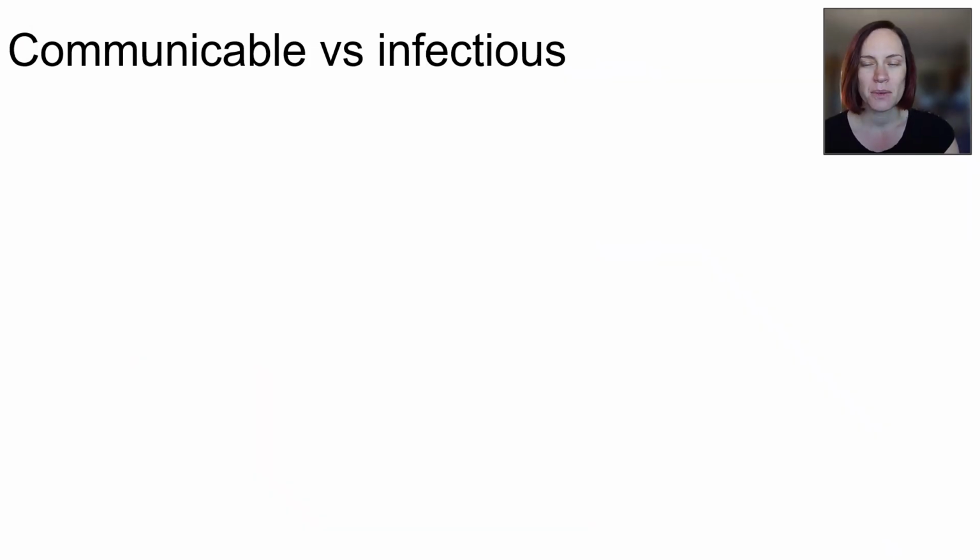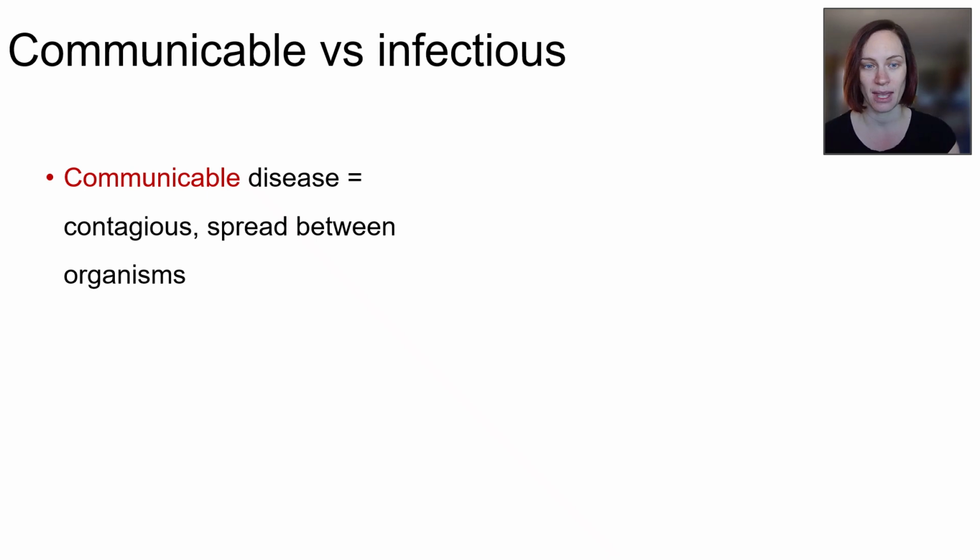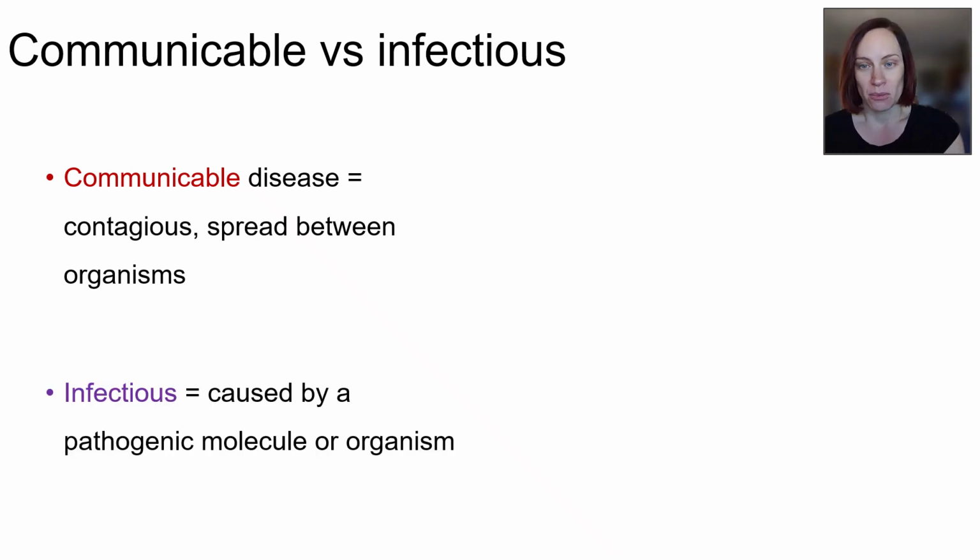here. So we're going to use lots of different terminology, and communicable means it is contagious, okay? It is spread between different organisms. The opposite, well, it's not the opposite, but a different way to classify that is infectious, and it's caused by some kind of pathogenic molecule or organism like bacteria, okay? All contagious diseases are infectious, but not all infectious diseases are contagious.